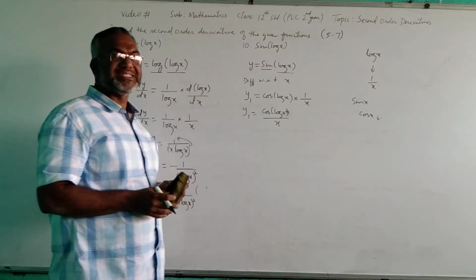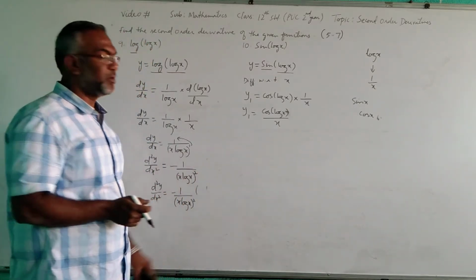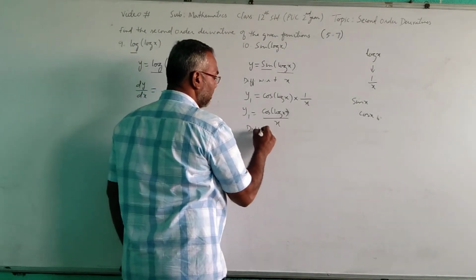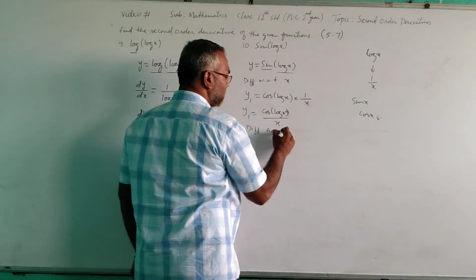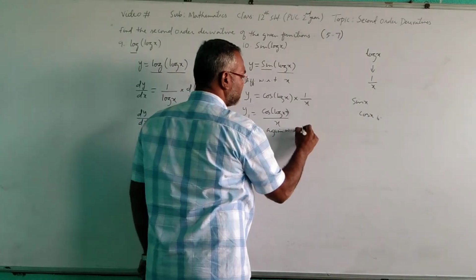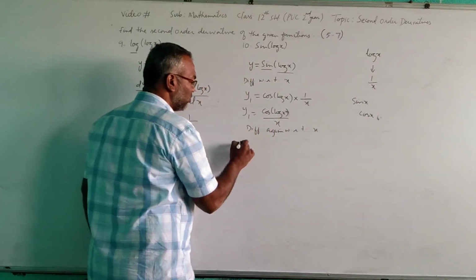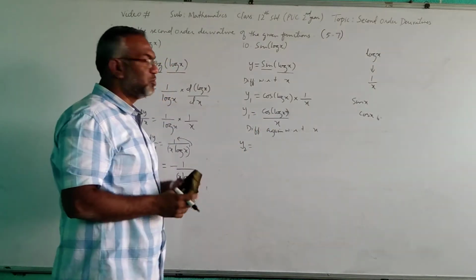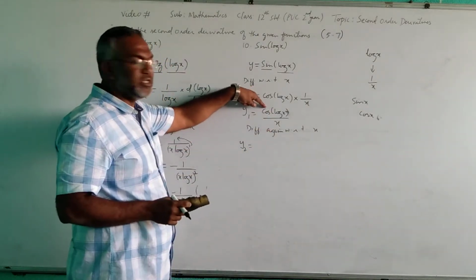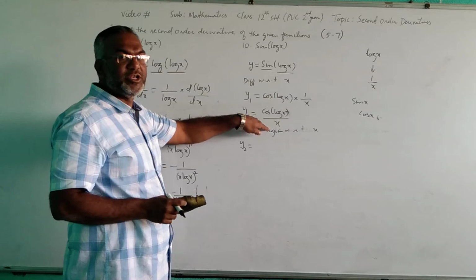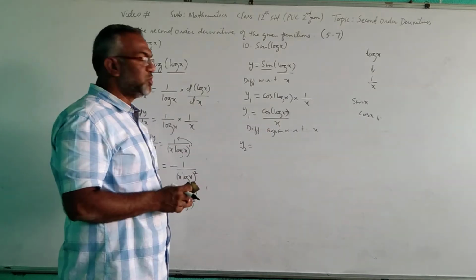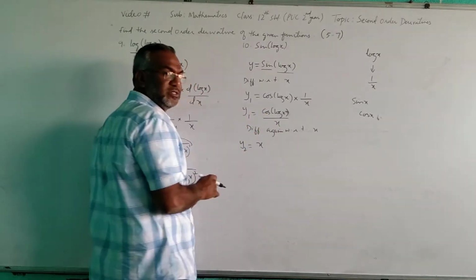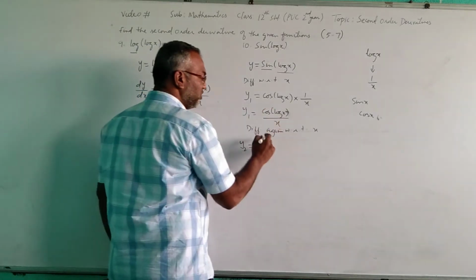We have to differentiate this once more because we have to find the second order derivative. So differentiate again with respect to x. So y2 is equal to, this is u by v. You have to use the u by v rule because we have a function in the numerator and a function in the denominator also. The u by v rule is: denominator as it is, differentiation of numerator.